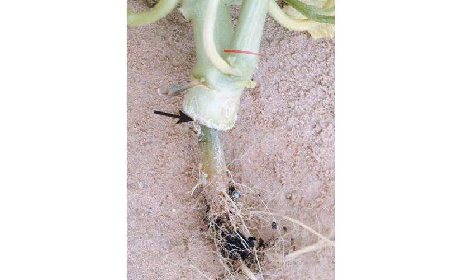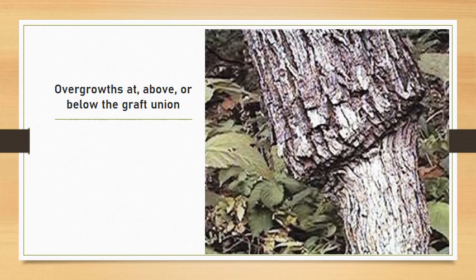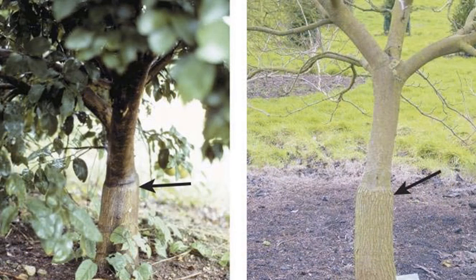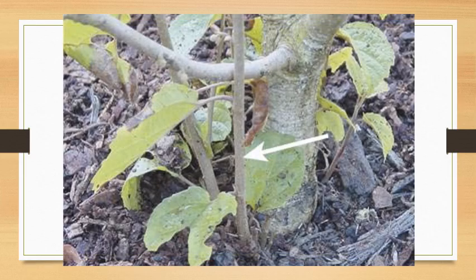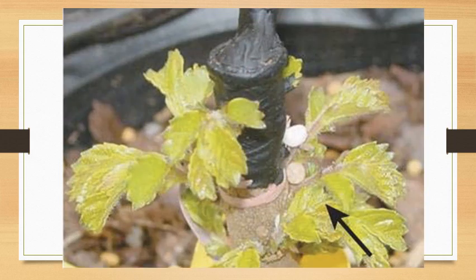This scion will die later as a result of insufficient support from the rootstock. Another symptom is the appearance of outgrowth below the graft union. Suckering of rootstock below the graft union is an early symptom that is associated with graft incompatibility.